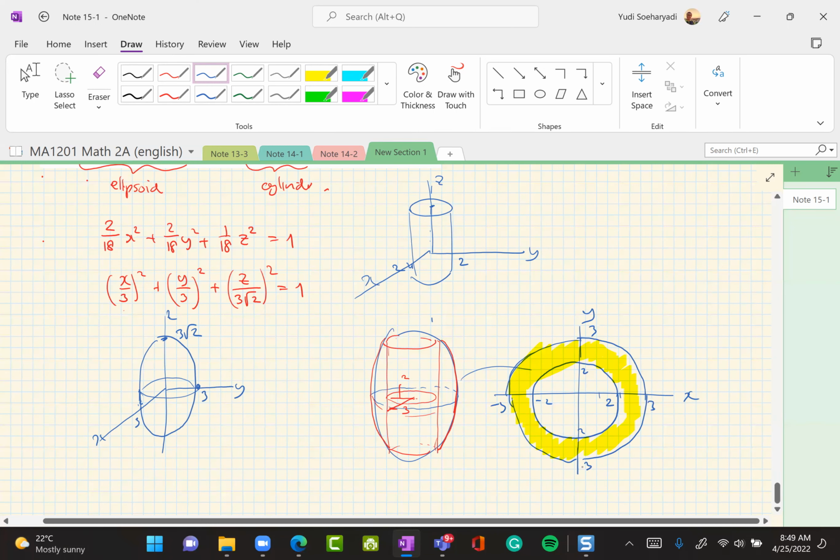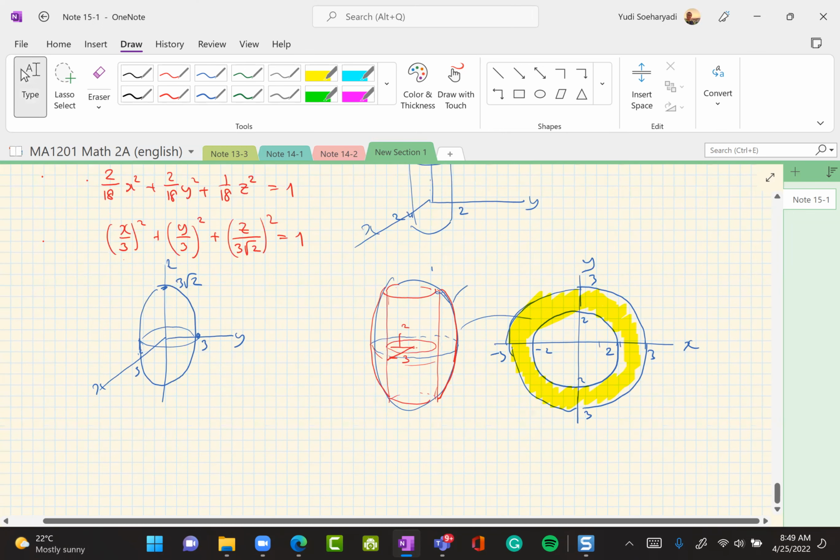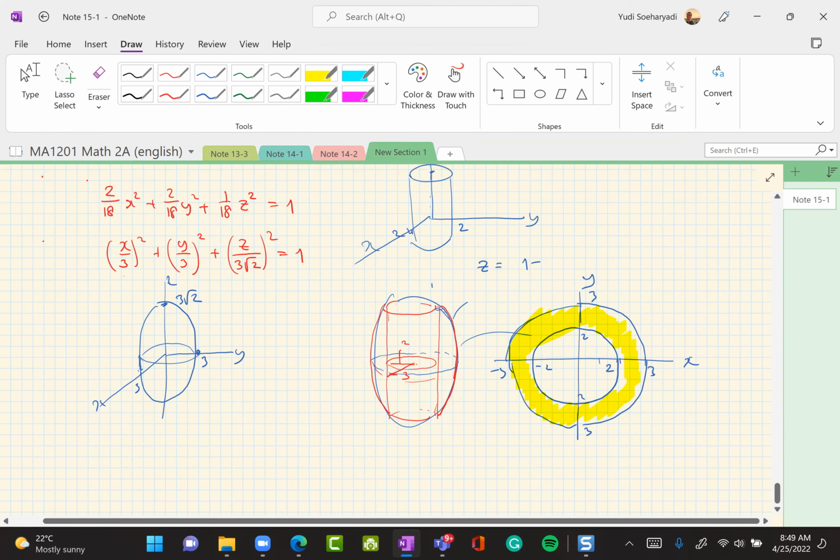So what's the function to integrate? The function to integrate is this one here, the z.